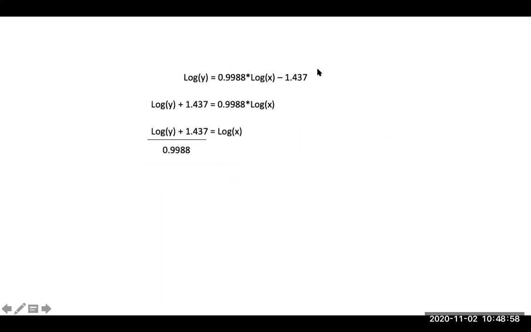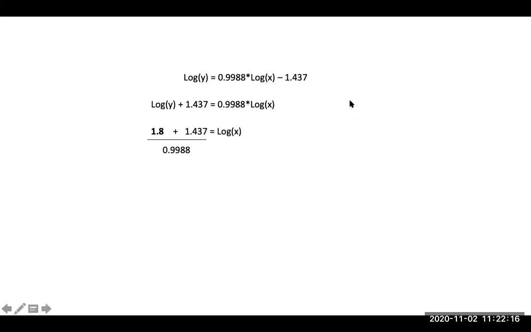So here's the formula. And you can rearrange the formula where you add 1.437 to both sides and then divide by 0.9988. And this isolates log x on one side. And then if you just plug in the number for log y, then you can solve the math to figure out what log x would be and solve for what the concentration of the unknown sample is.